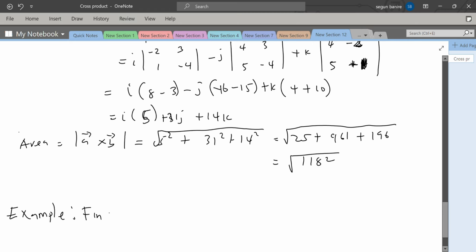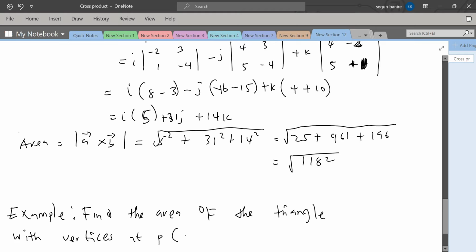Find the area of the triangle with vertex at P to be 2, 3, 5, then Q to be 4, 2, minus 1, and R to be 3, 6, 4. Okay, so that is the question.